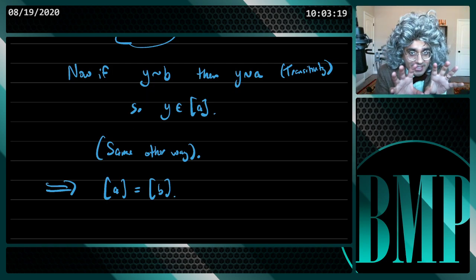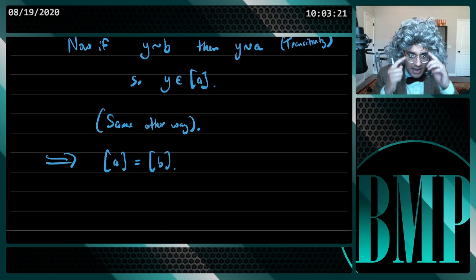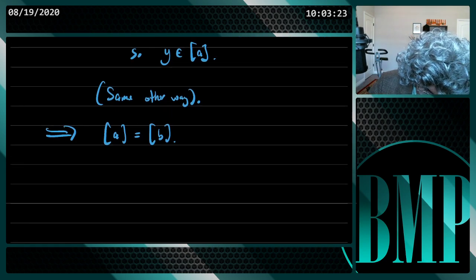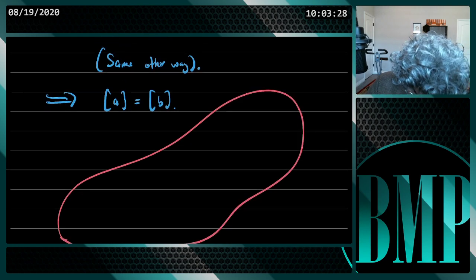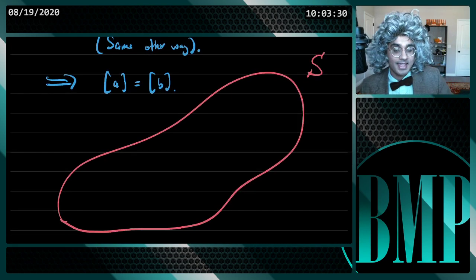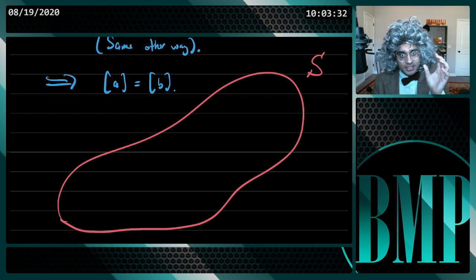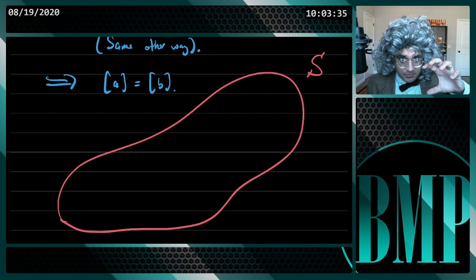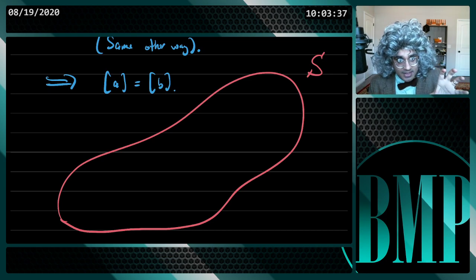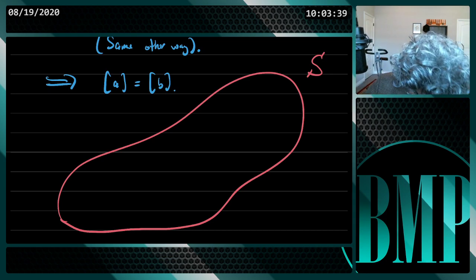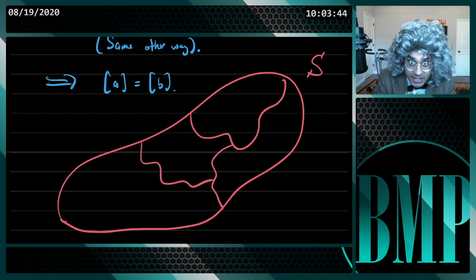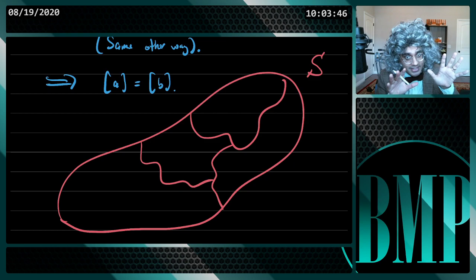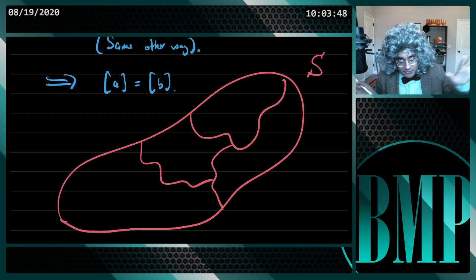So what you have to think of mentally, what's happening pictorially, is your whole set was S, and the relation divides up the set S into islands, these equivalence classes. They're disjoint subsets. They don't intersect, because if they're different, they're completely different. They have no points in common.